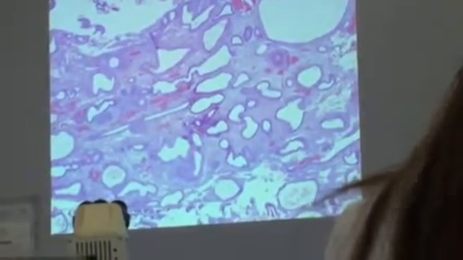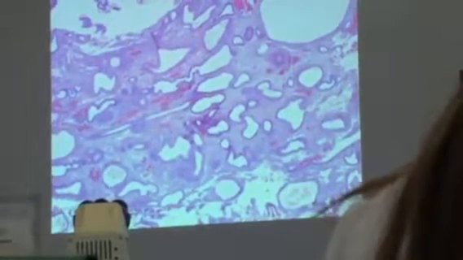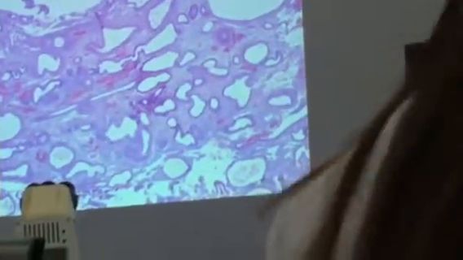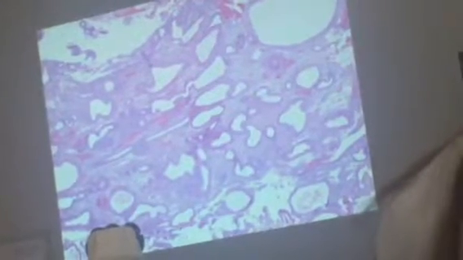Okay? And the hallmark of hyperplasia is that your gland to stroma ratio is about or more than 1:1. Okay? The usual gland to stroma ratio in a normal endometrium is 1:2. So for every 1 part gland, meron kang 2 stroma.